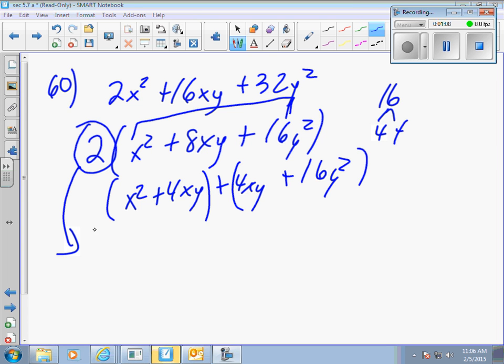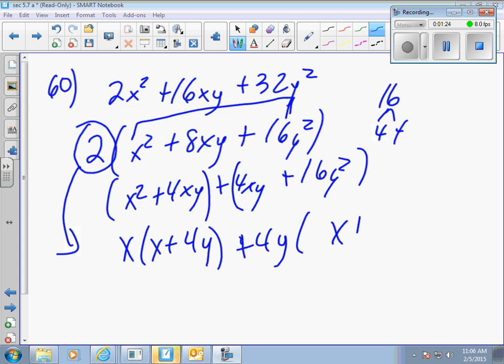Greatest common factor of my first terms is x, leaving me with x plus 4y. Greatest common factor of my second grouping appears to be a plus 4y, leaving me with x plus 4y. And then if I regroup this, I get x plus 4y times x plus 4y.